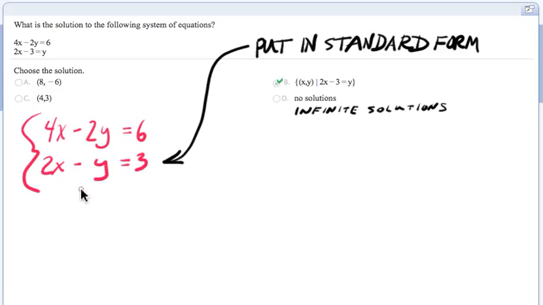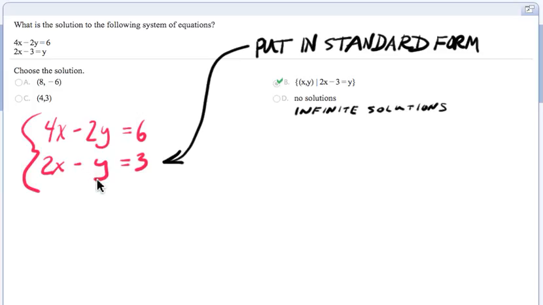If one line is a simple multiple of another line, and I could see that if I multiply both sides here by 2, 2 times 3 is 6, 2 times 2x is 4x, 2 times negative y is negative 2y. This line is a multiple of this line, or vice versa, however you want to think about it. They're redundant. They're the same line.